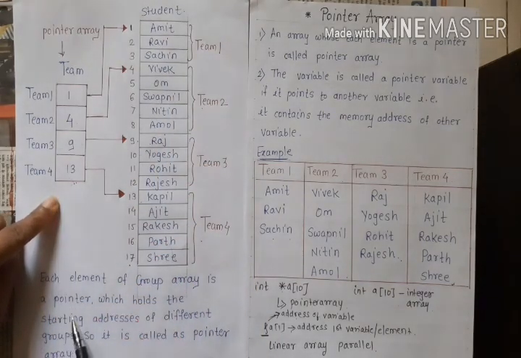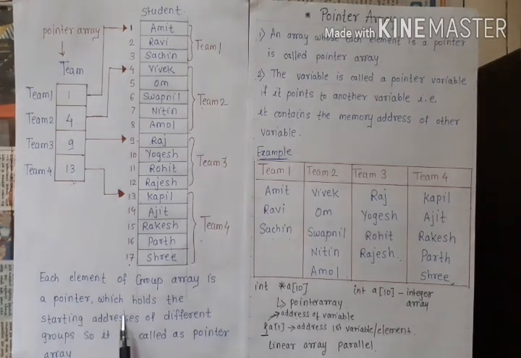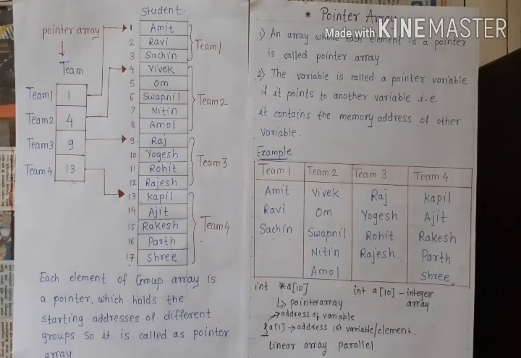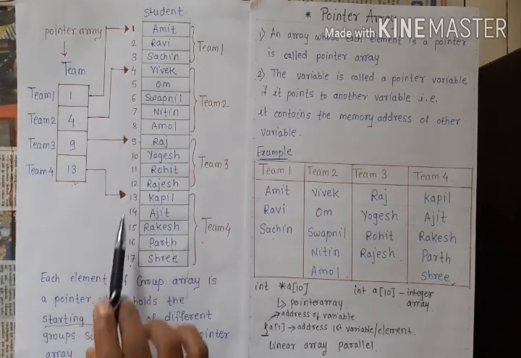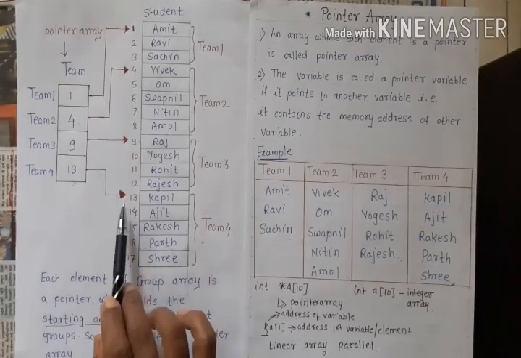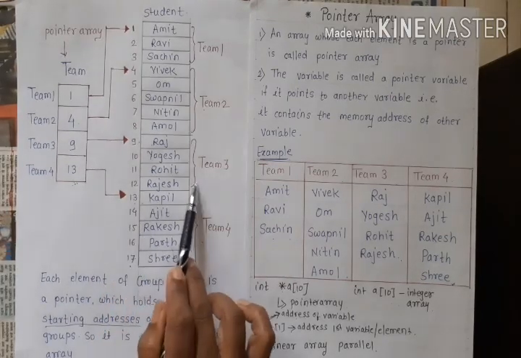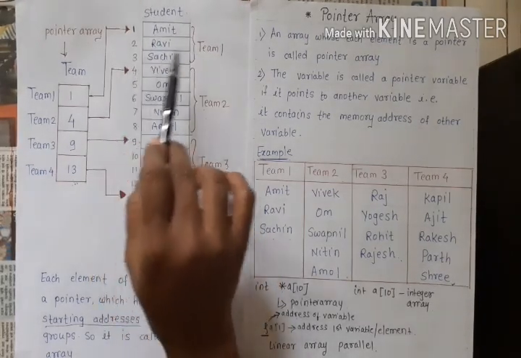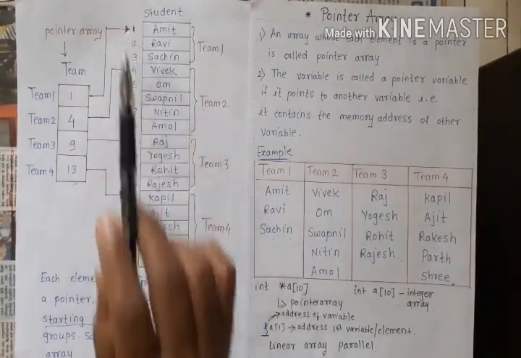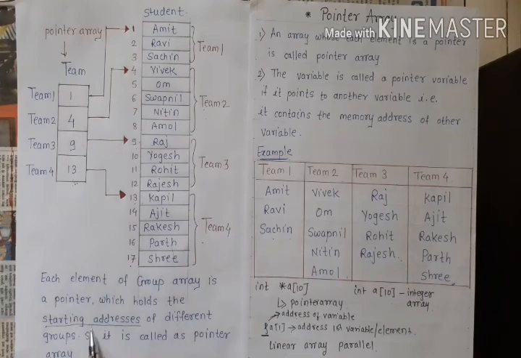Understand? So here each element of the team array is a pointer which holds the starting address. See here, it is important. 13 is the starting address of team 4, 9 is the starting address of team 3, 4 is the starting address of team 2, and 1 is the starting address of team 1. So it holds the starting addresses of different groups, and these point to the first element of the different groups.